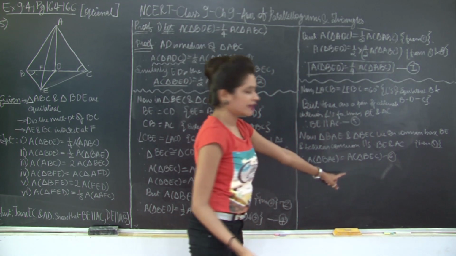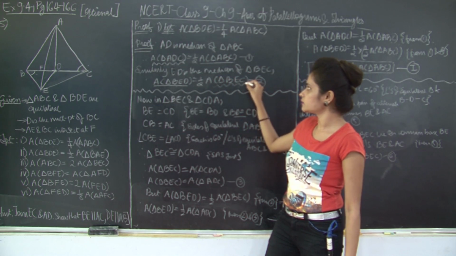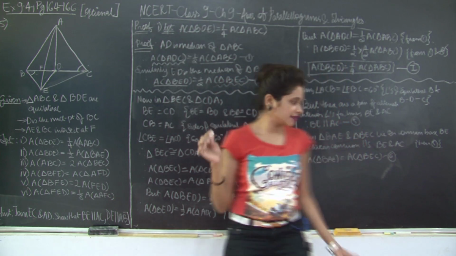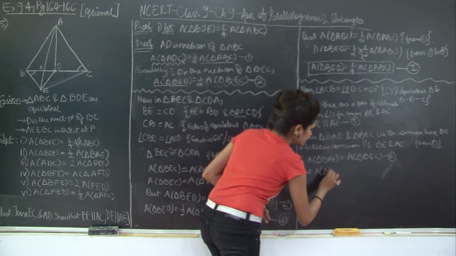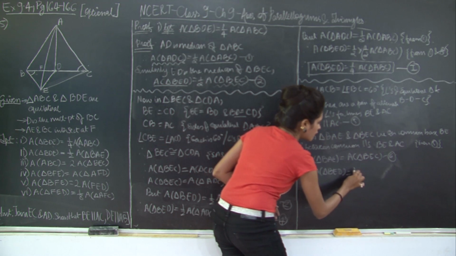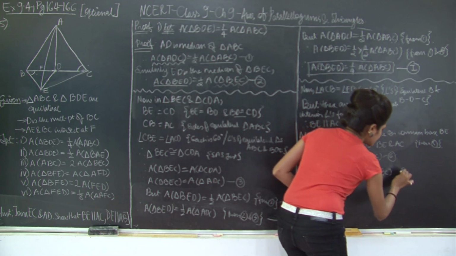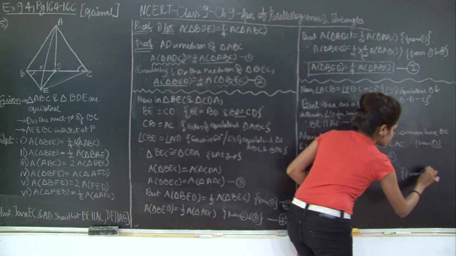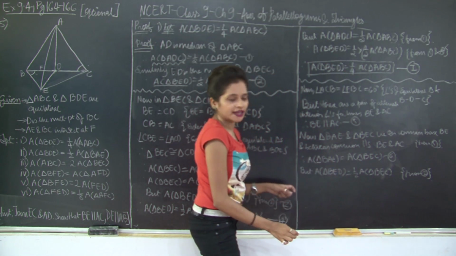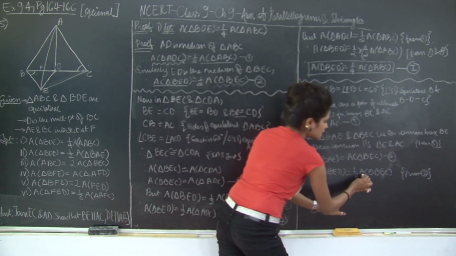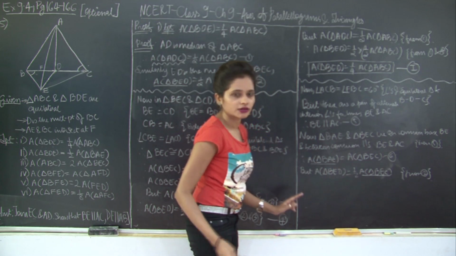right? But what do we have? We have area of triangle BED is equal to half area of triangle BEC. So let's write this down. But area of triangle BED is equal to half area of triangle BEC. I'll say from 2. So if you compare, you have BEC is equal to BAE and you have half BEC over here. So just instead of BEC, I'm going to substitute BAE because they both are equal.